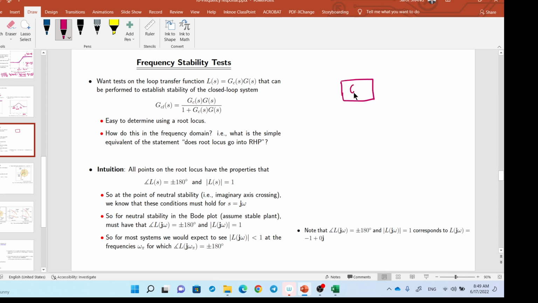You have the plant G of S, and then you have the output, and you measure the output and feed it back using negative feedback. Here you have the controller GC of S.